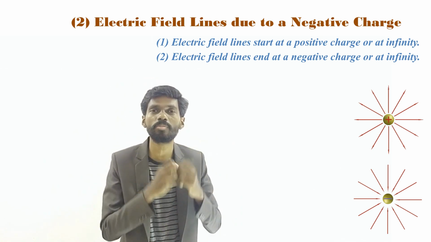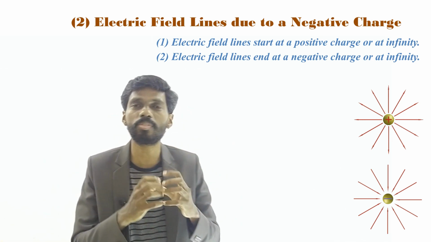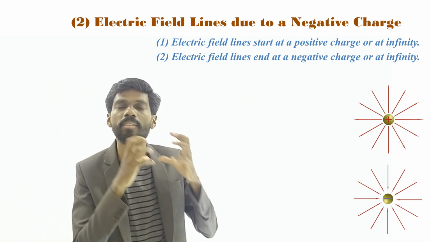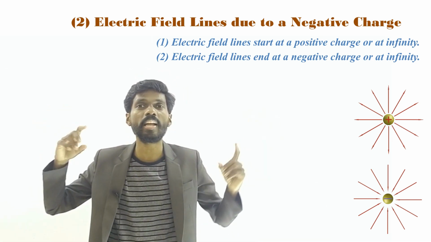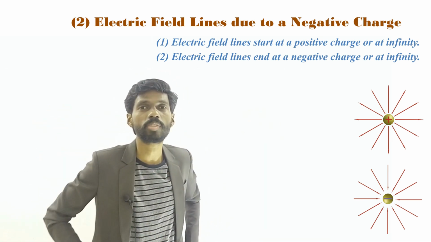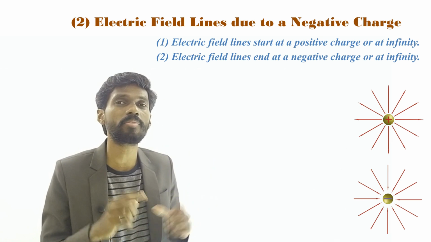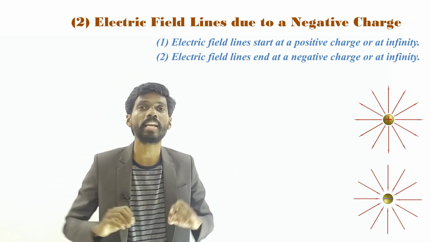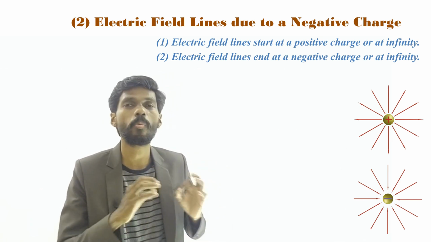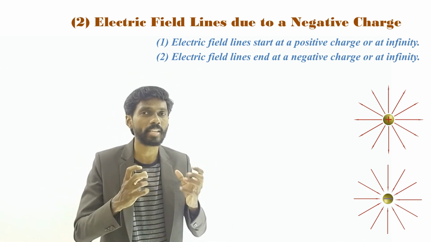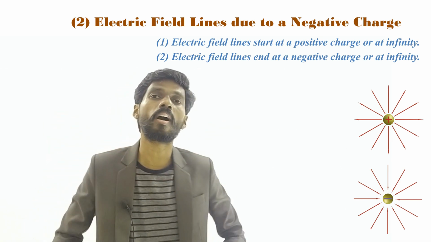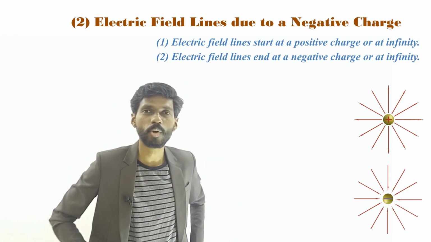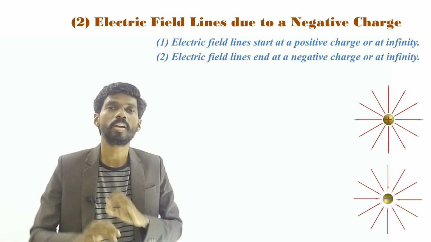In the case of a positive charge, they start from the positive charge and end at infinity. In the case of a negative charge, they start from infinity and end at the negative charge. So the electric field lines terminate at a negative charge or at infinity. These are two points that you have to remember, the starting point and the terminating point of an electric field line. Is that okay? Yes.